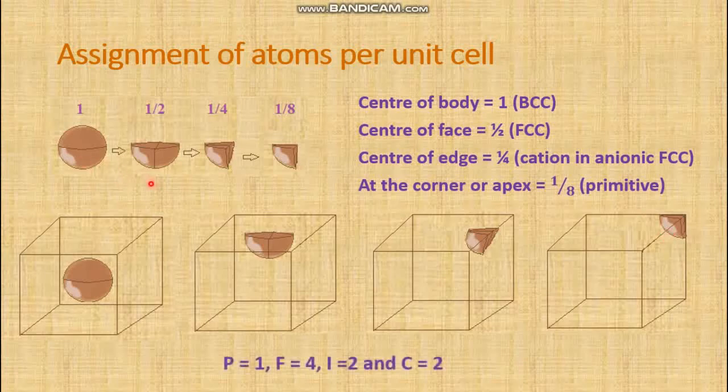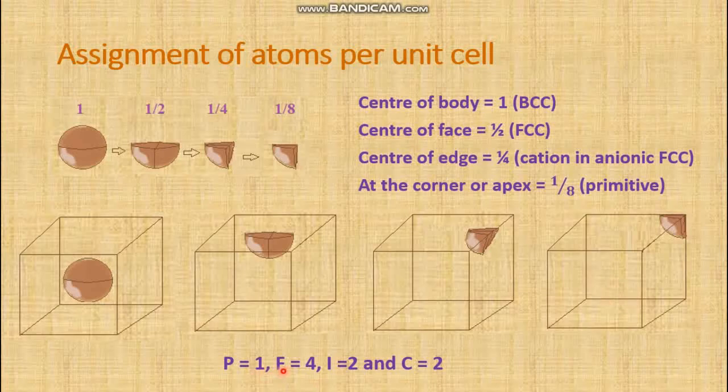Okay. So if you count the whole number of atoms assigned inside the unit cell, then in the case of primitive you will get 1. How? 1/8 is inside. There are a total of 8 vertices. So 8 into 1/8 equals 1.